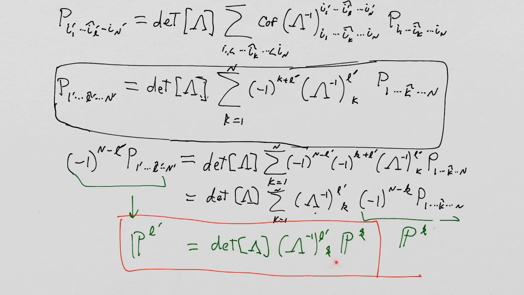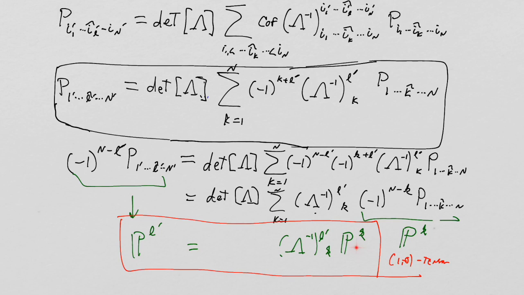If this was the component of a 1, 0 tensor, right, then it would transform that way without that determinant, right? In other words, this is the law of the transformation of a 1, 0 tensor component, right? The component is contravariant for a 1, 0 tensor.